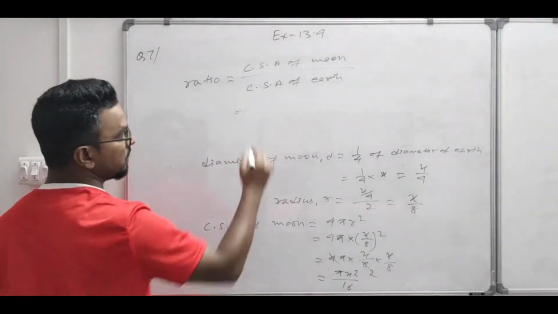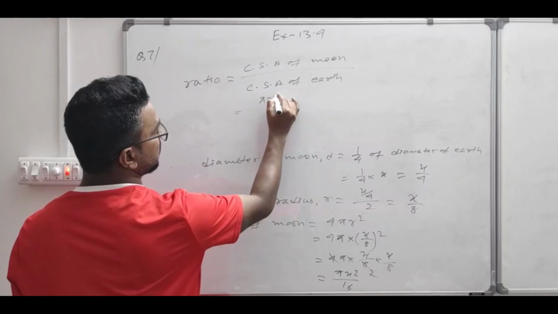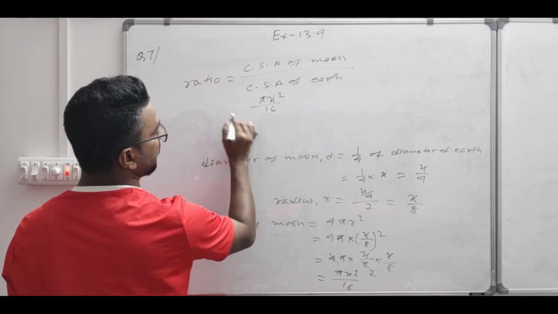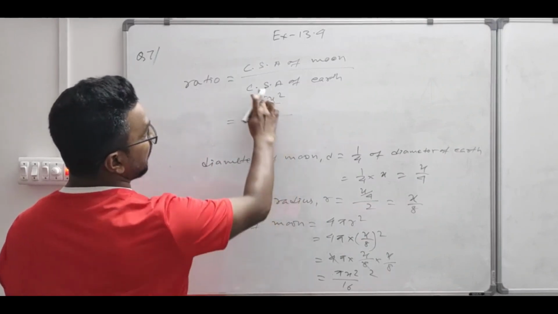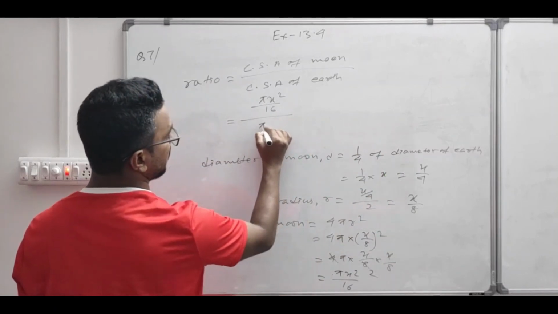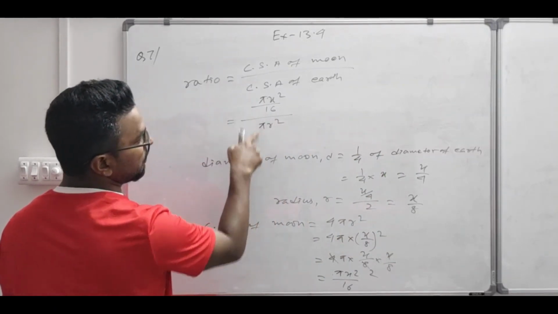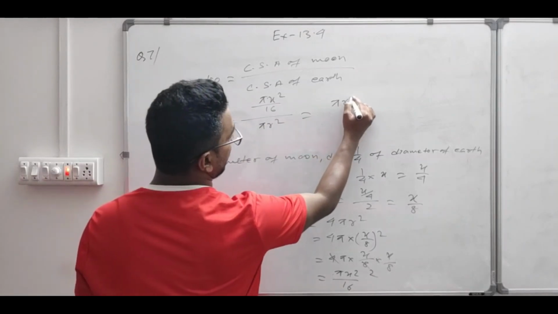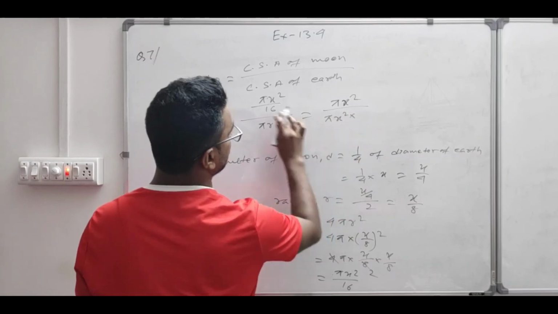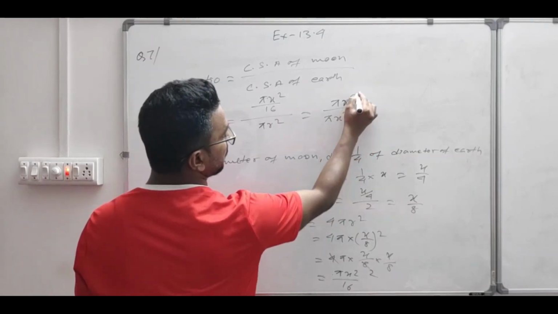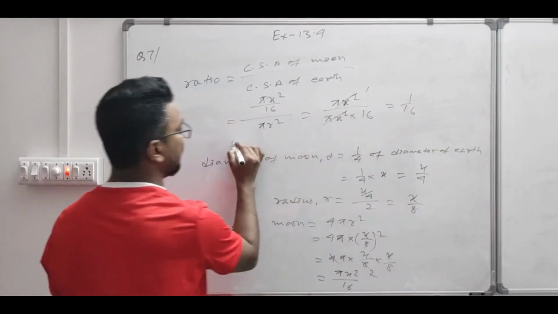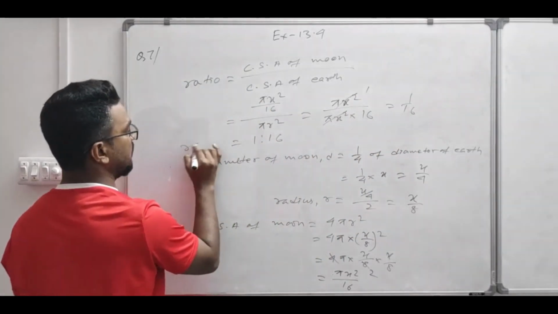So curved surface area of moon is pi x square by 16 divided by curved surface area of earth. Curved surface area was what? Pi x square, right? So you pull this one in the denominator, it will become pi x square divided by pi x square into 16. This 16 will come in the denominator. So this one you can cancel. So this will become 1. So 1 by 16. So the ratio will become 1:16.